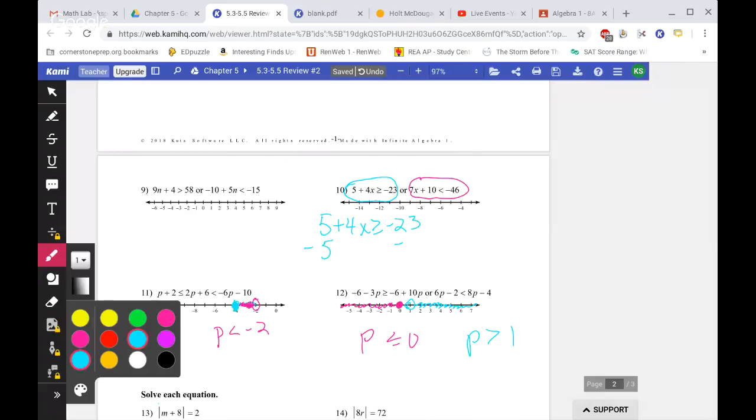So minus 5 leaves me with 4x is greater than or equal to negative 28. Divide both sides by 4. And now I have x is greater than or equal to negative 7. For that side.